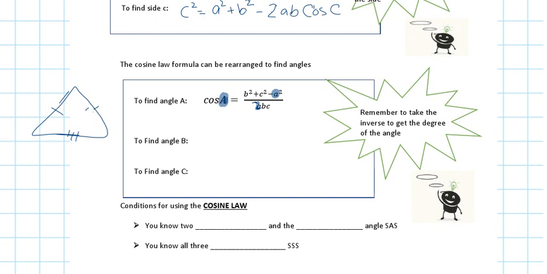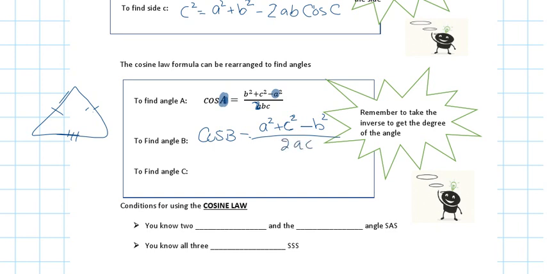cos B is equal to A squared plus C squared minus B squared over 2AC. Okay?